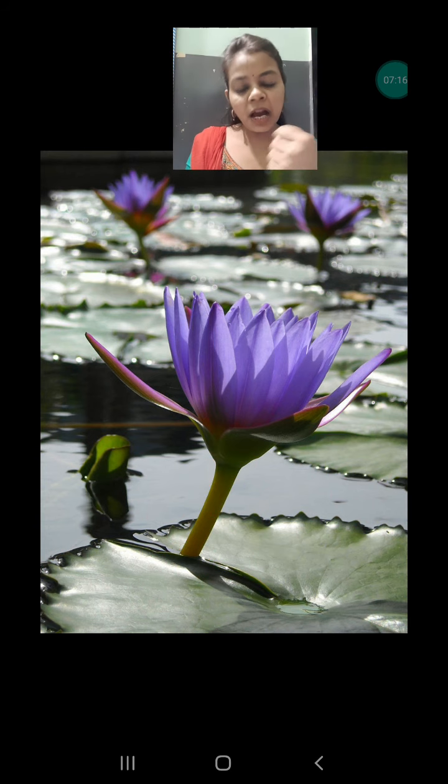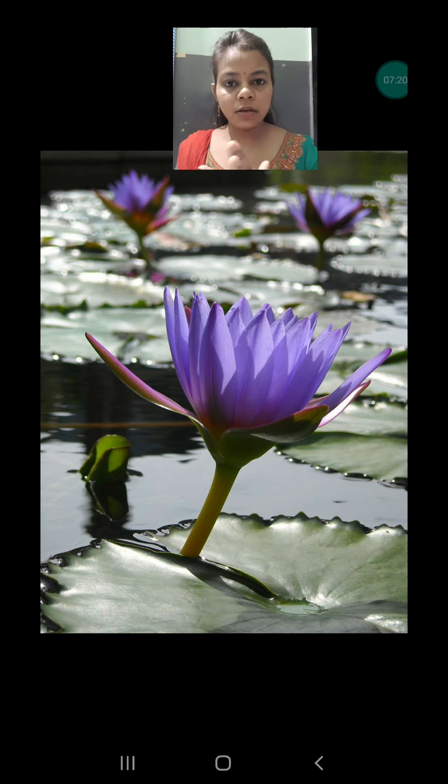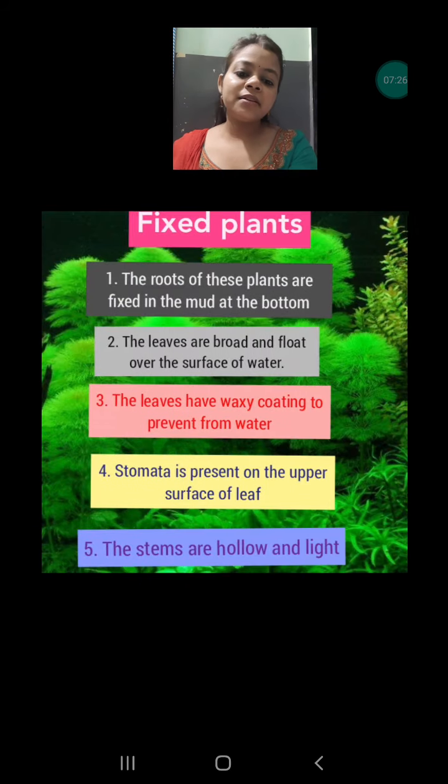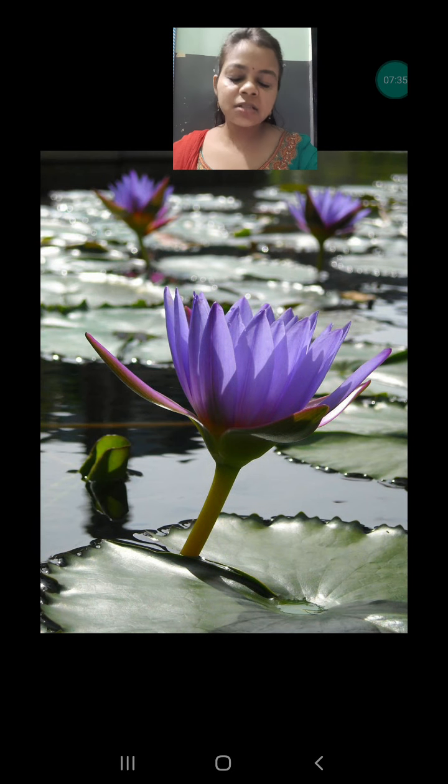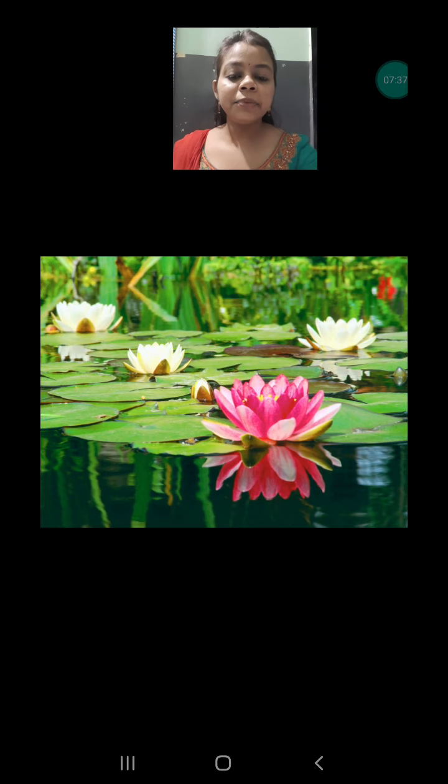Otherwise, if they are hard, they will be broken, because the water always moves the plant like this. That's why their stem is hollow and light, so that they can move very easily in the water. So these all are about the fixed plant, and the examples are lotus and water lily.